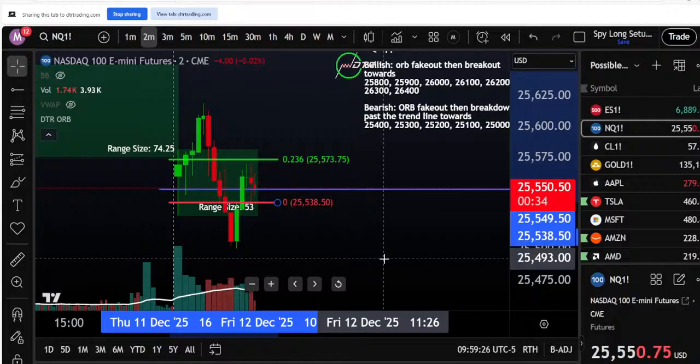Hmm. Not the most enthusiastic of candles there post entry. Really good initial reaction and then kind of gross. So let's see if we can get over 60 here.